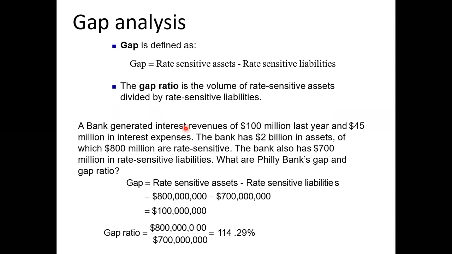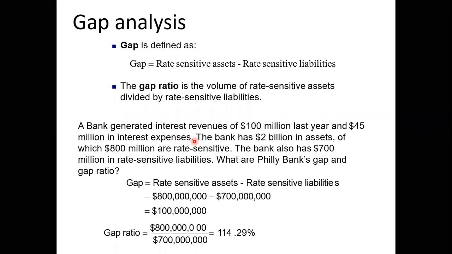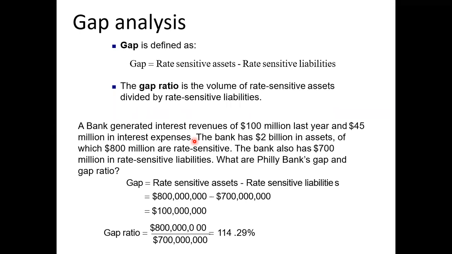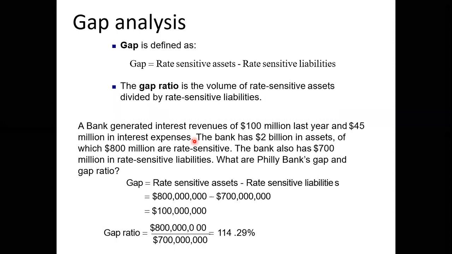That is the figure taken from the income statement. When we look at the balance sheet, the bank has 2 billion in assets in total, of which 800 million are rate sensitive, short-term loans.